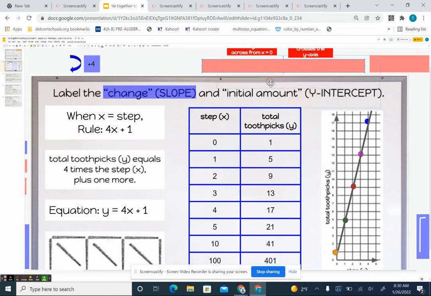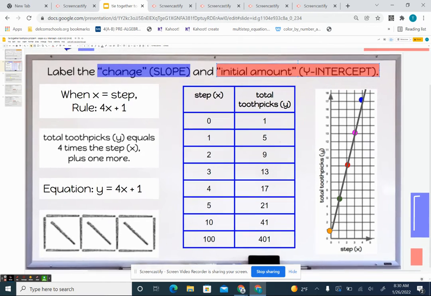And there's bunches of stuff on this relationship that has to do with initial amount, which is called the Y-intercept. Whenever I drag things down, if you could just do the same thing, because I want you to see it.